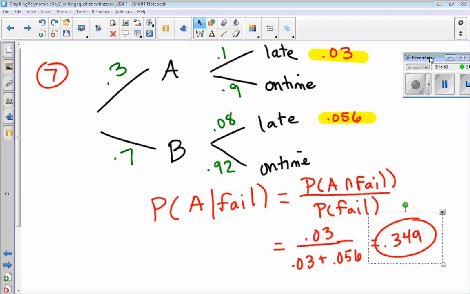So for example, let's look at this problem. What is the probability that, how about this, your package failed. What's the probability given, what's the probability that when you went through A, company A? That'd be this right here.